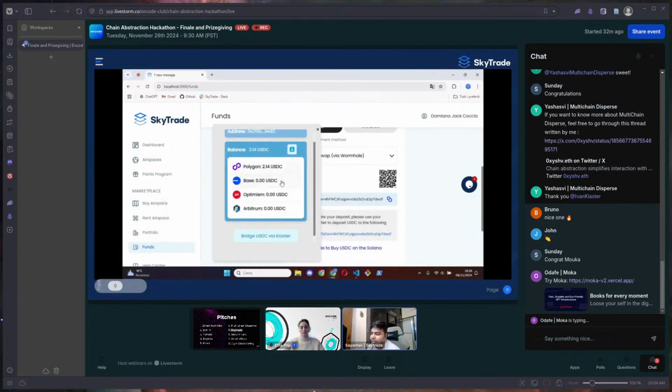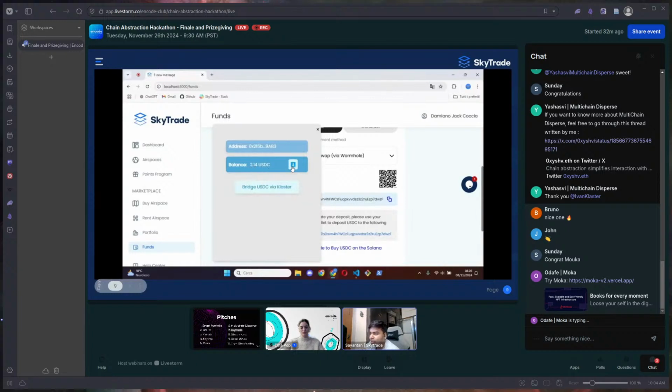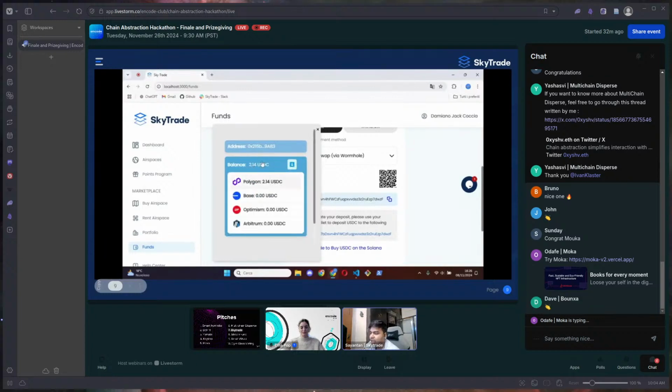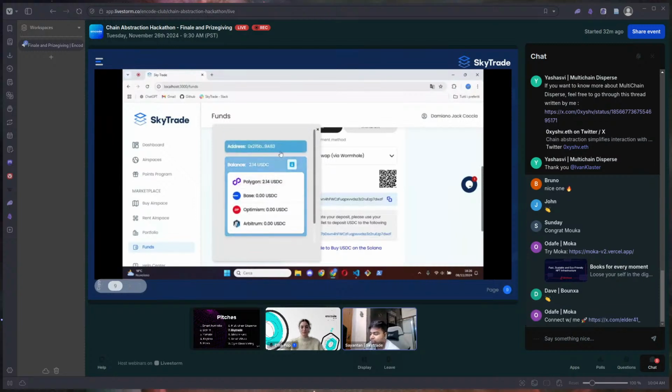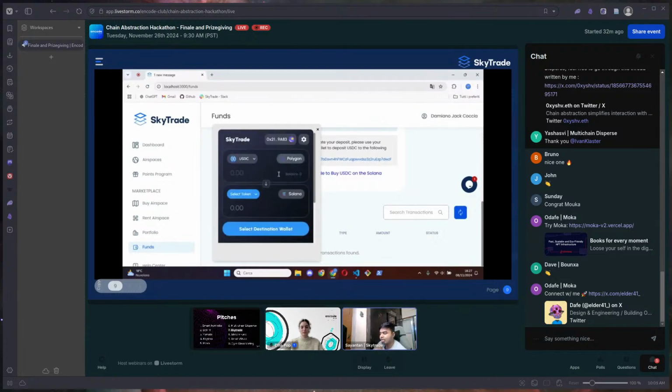Our plan is, with the help of Cluster SDK, to transfer all the USDC to one particular EVM compatible chain. Once that is bridged, we will take all the USDC from that chain and transfer it to the Solana address of Skytrade as the wallet UI into the USDC. Once that is done, the drone owner can pay the rent for the airspaces.